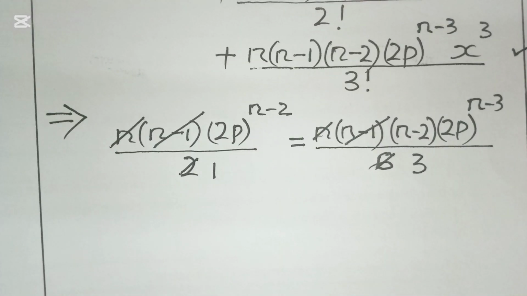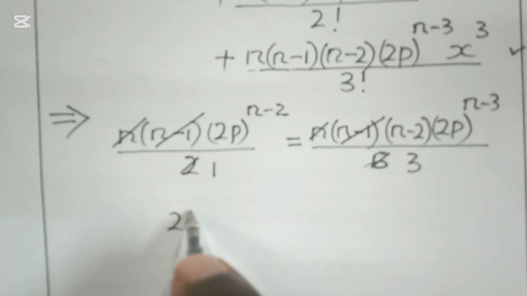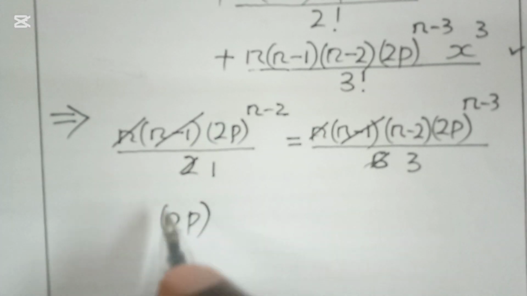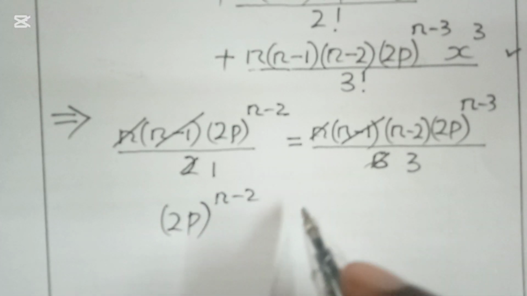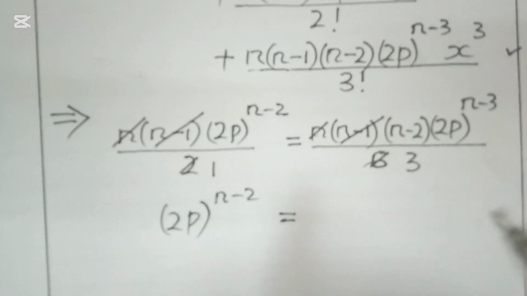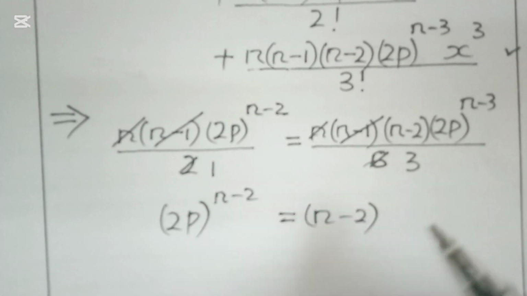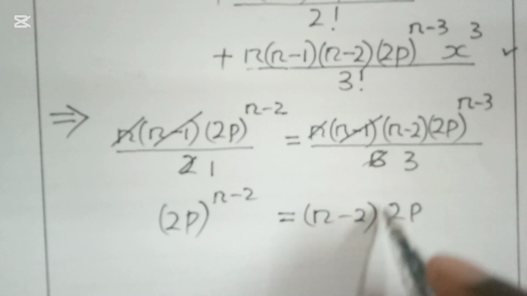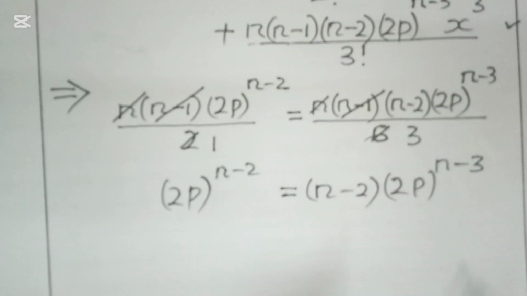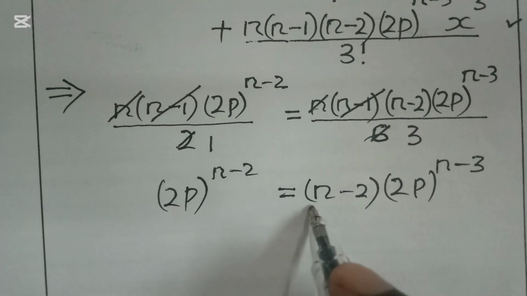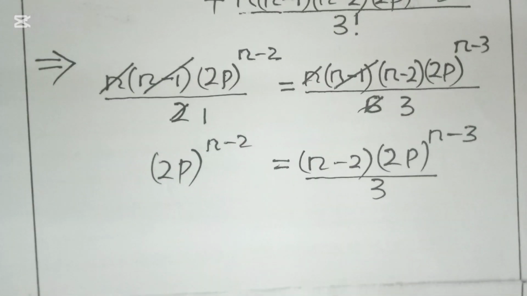And so guys, on this side we are left with 2p raised to n minus 2 is equal now to (n minus 2)(2p) raised to n minus 3 all over 3. We continue.